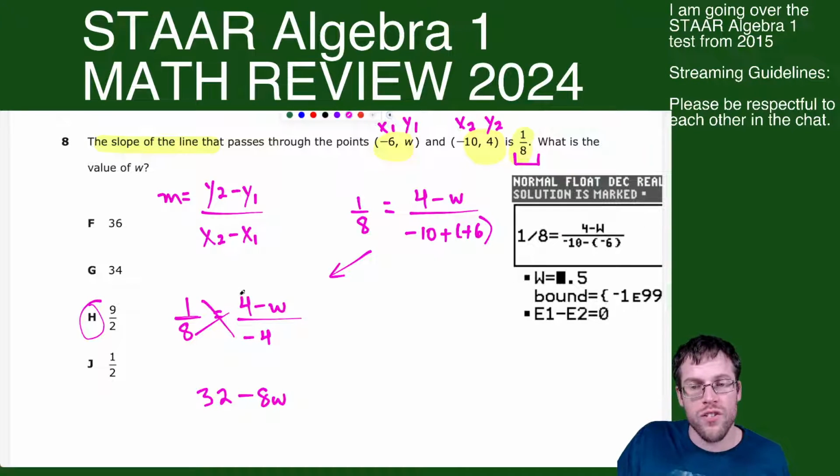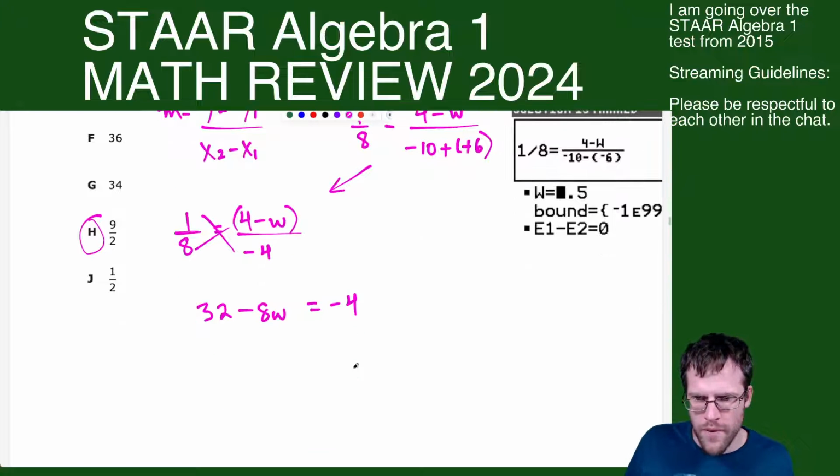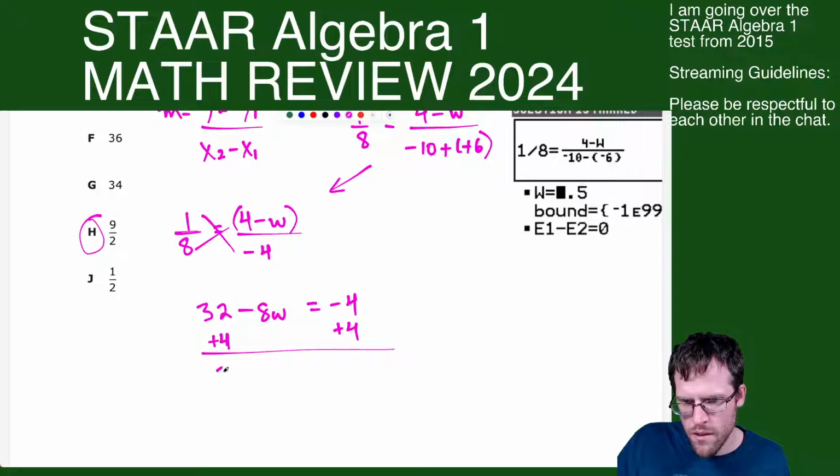I have to make sure I distribute, so just pretend there's parentheses here, or actually write them in. So equals negative 4. And then plus 4 plus 4. Okay, so we have plus 4 on both sides.